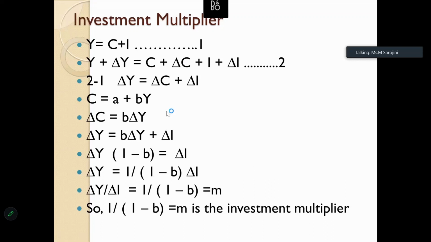Then it becomes delta Y minus b delta Y. Here delta Y is common in both terms.